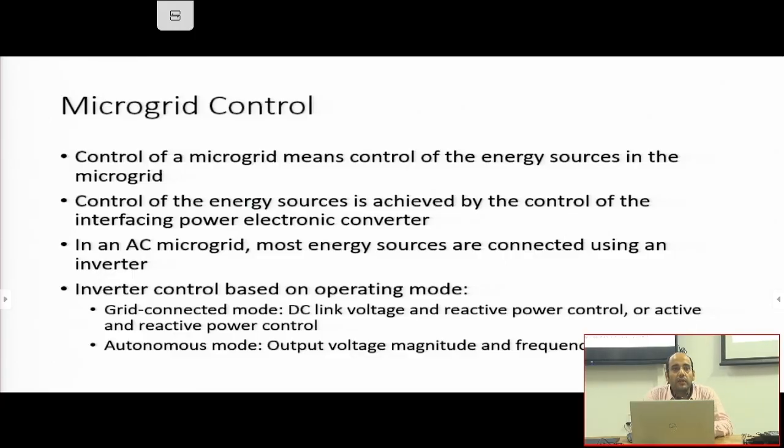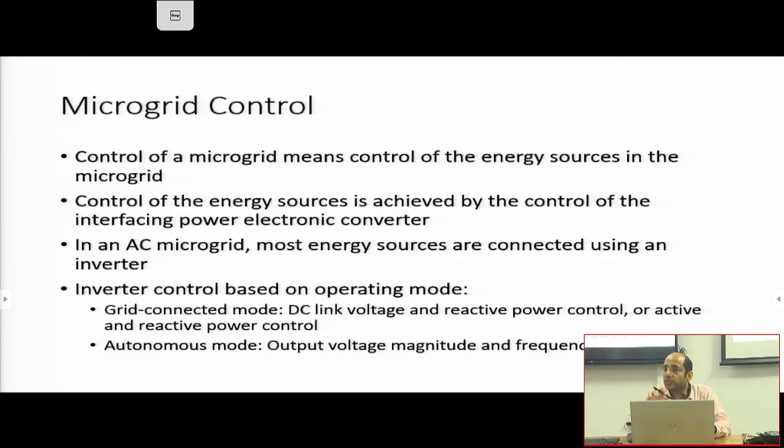When we talk about microgrid control, a microgrid contains many things, so we mainly talk about the control of the energy sources, for example a rooftop solar or battery energy storage. The control of those sources is what we mainly focus on when we talk about the control of the microgrid.